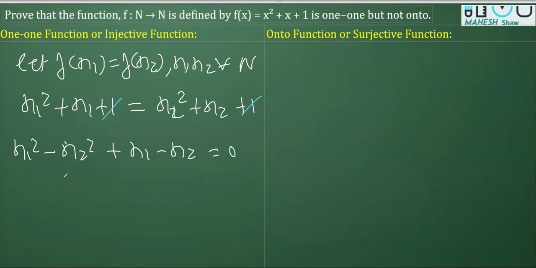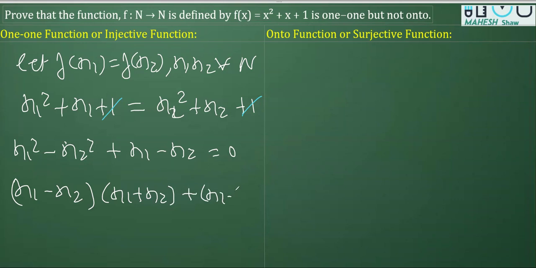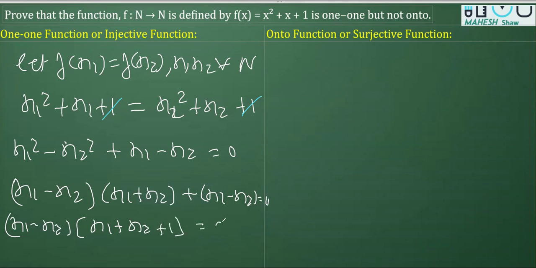Now if I factorize using the identity a² - b² = (a + b)(a - b), we get (x1 - x2)(x1 + x2) + (x1 - x2) = 0. You can clearly see that x1 - x2 is common. So if I take x1 - x2 as common, we get (x1 - x2)(x1 + x2 + 1) = 0.